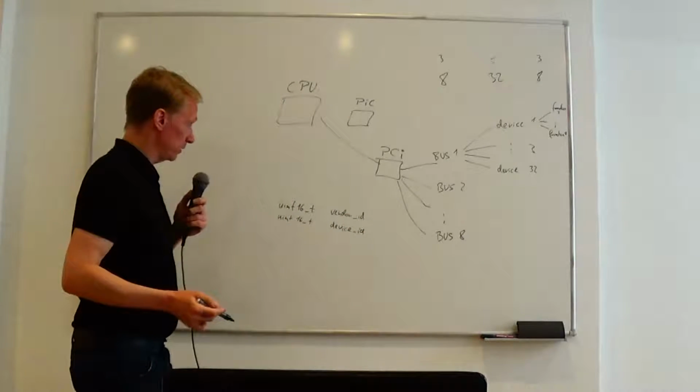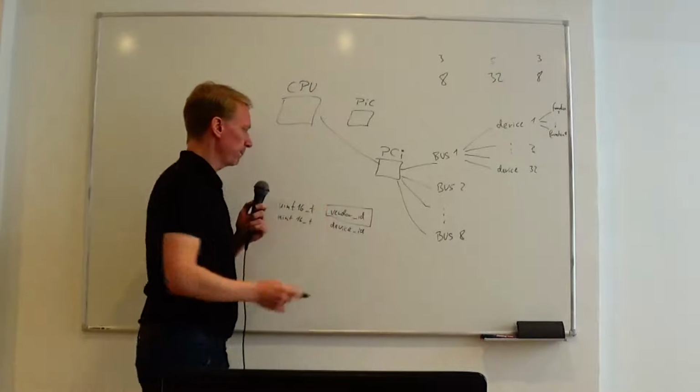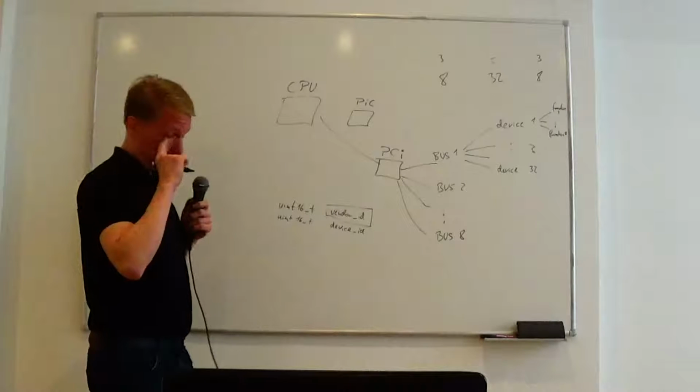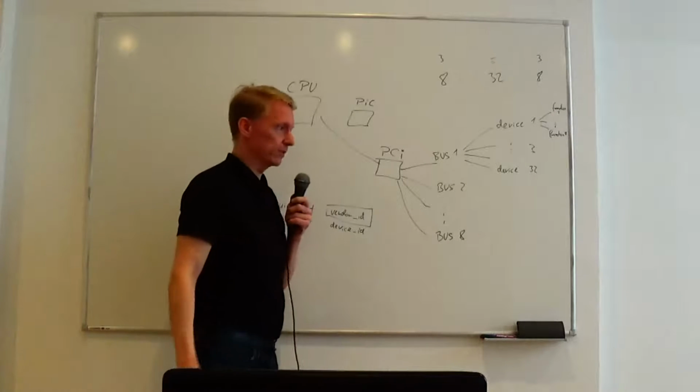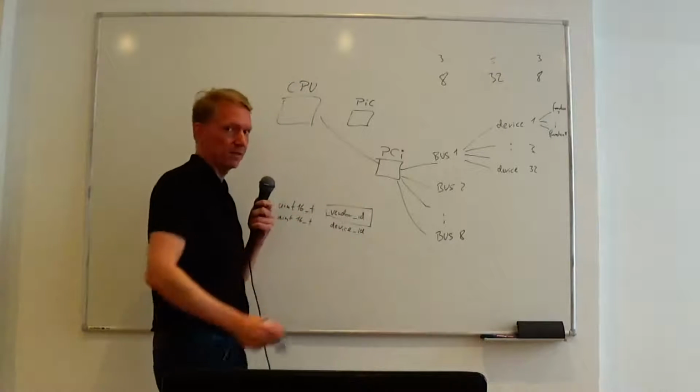So every major vendor has its own unique vendor ID, and okay, there can be at most 65,536 different vendors having such a vendor ID.